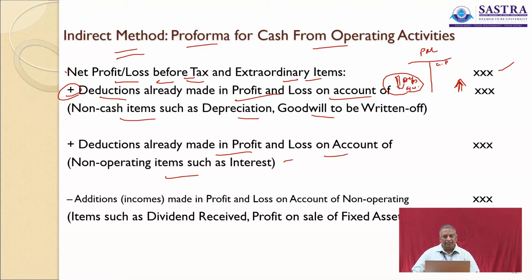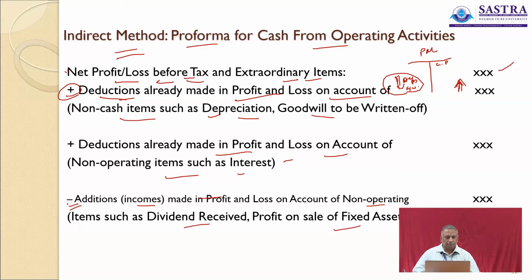And after having added non-cash items and the non-operating items, if debited already in the profit and loss account, we have to subtract all the non-operating incomes made which are non-operating in nature, maybe in the form of dividend received or profit on sale of fixed assets.